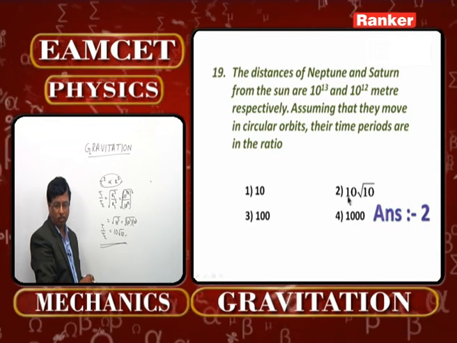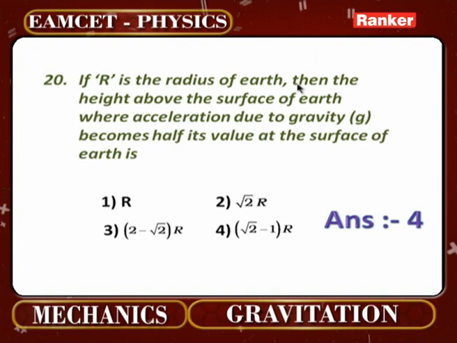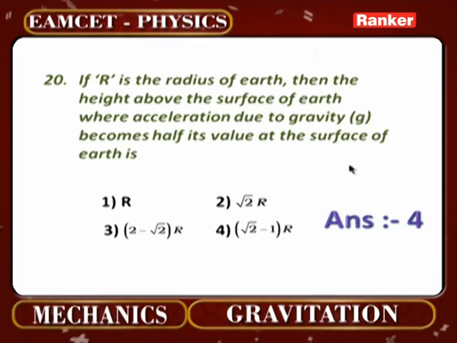Now let us take the next number, question number 20. If r is the radius of Earth, then the height above the surface of Earth where acceleration due to gravity becomes half its value at the surface of the Earth. Once again, we have already discussed almost the same model earlier. You know very well gh by g must be equal to half.